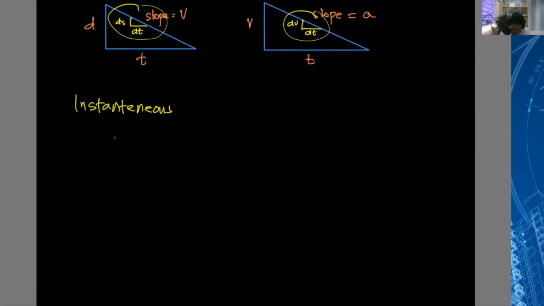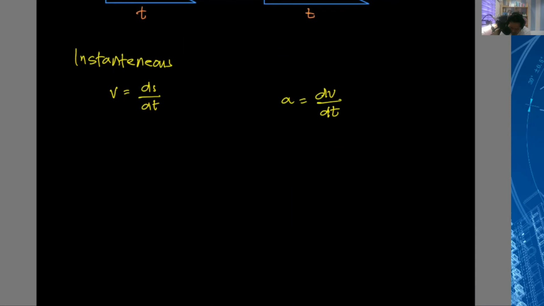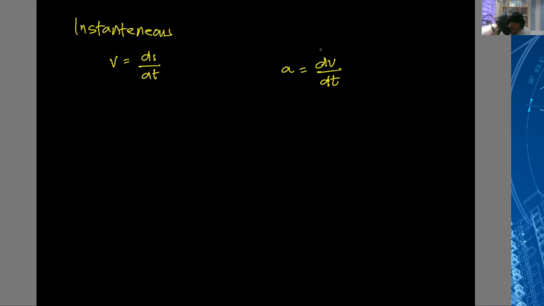Okay, so we now have v equals ds over dt. Okay, and acceleration a equals dv over dt. Okay, so if I wish to get the instantaneous velocity, I will just have to integrate this term.